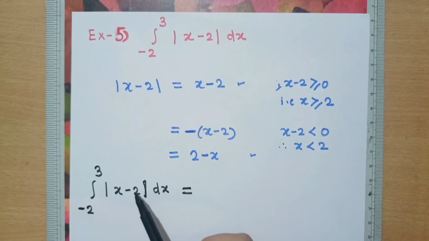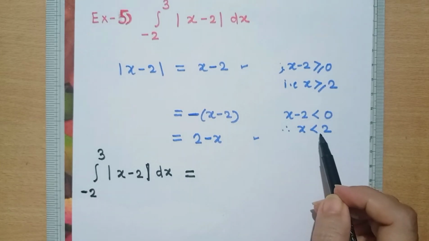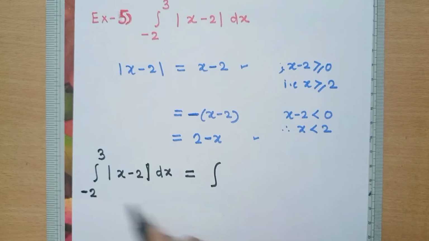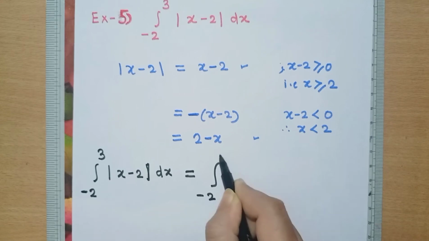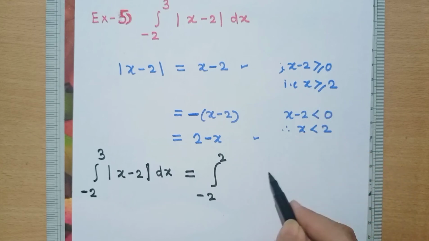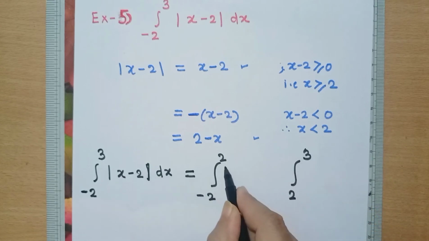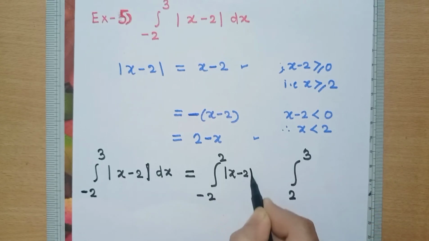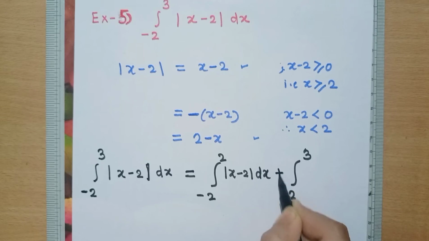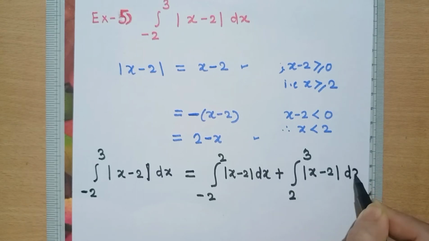This is our given integral, and we will split it. When x is strictly less than 2, we write from minus 2 to 2, and for x greater than or equal to 2, we write from 2 to 3, with the function mod x minus 2 dx plus mod x minus 2 dx.